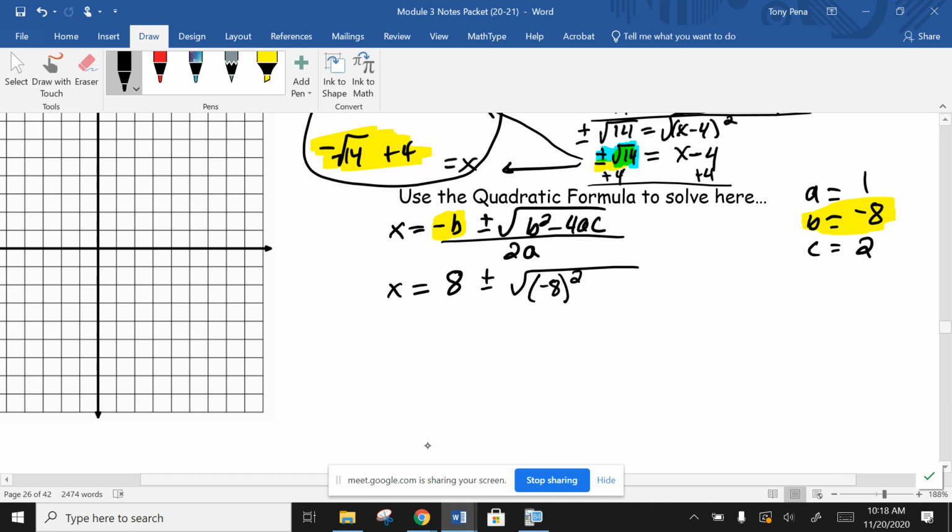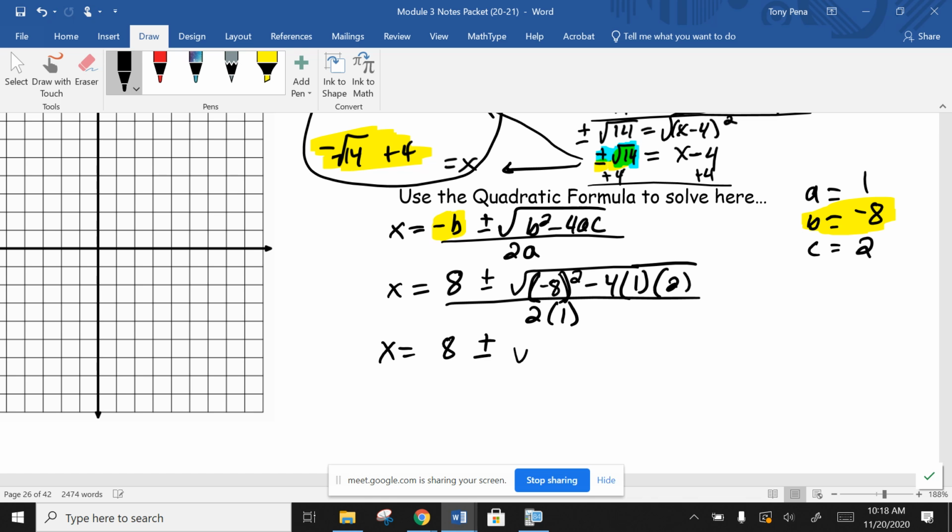All right, so make sure you put this in the parentheses, and then you're going to have minus 4 times A times C, all of that over 2 times our A, which is a 1. So we get 8 plus or minus, and I've already said it with parentheses, that better give us a positive 64, and then minus 4 times 1. So just go in order.